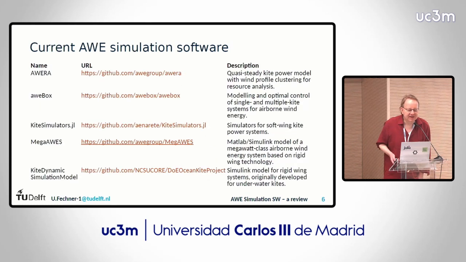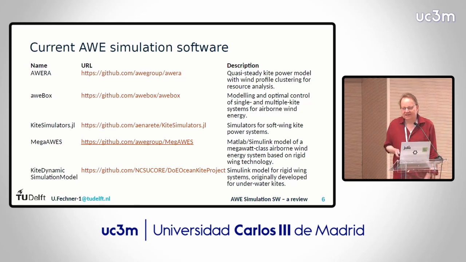So now we come to the current software. That's a lot less. There are 5 software packages to be mentioned. I start with AWERA, which is a quasi-steady kite power model with wind profile clustering for resource analysis.